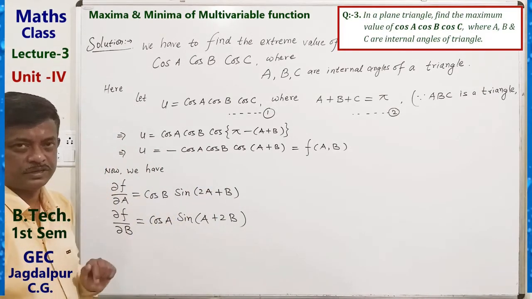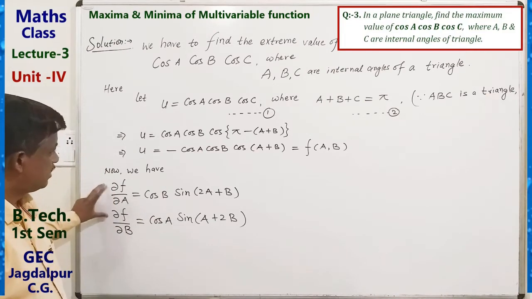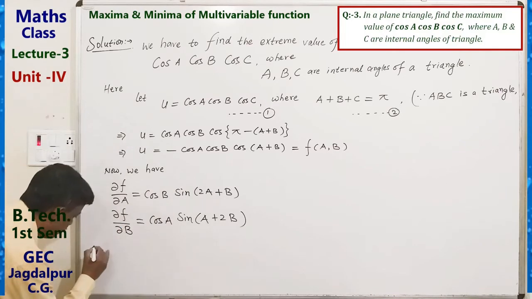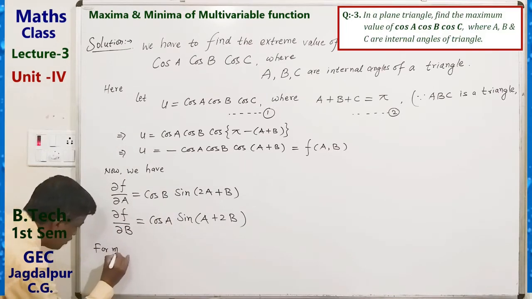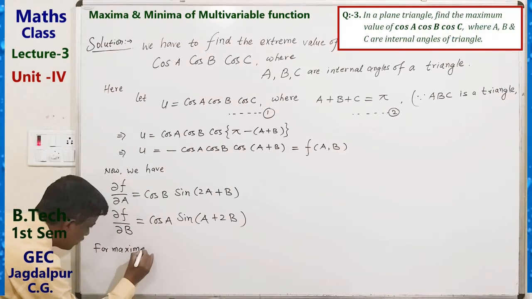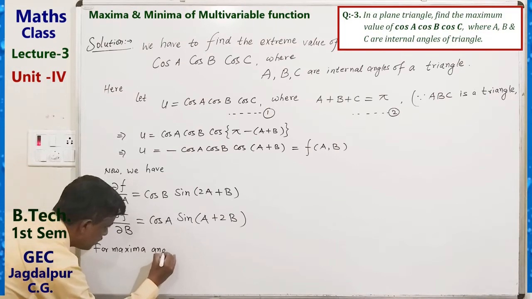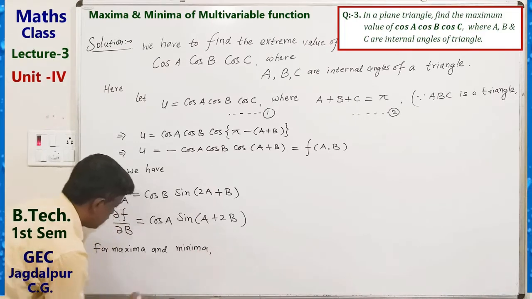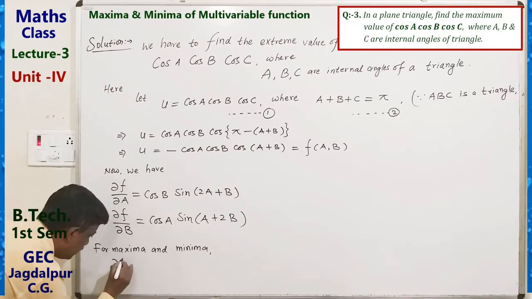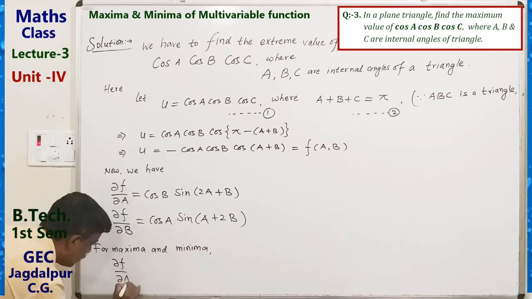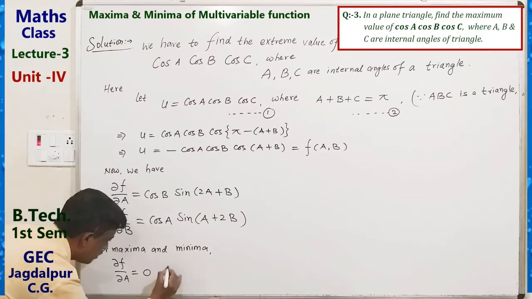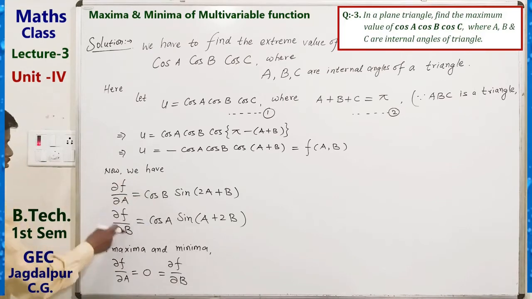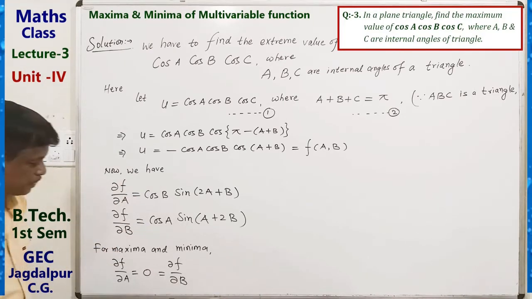So for maxima and minima, del f by del A equals 0 and del f by del B equals 0, both are 0.